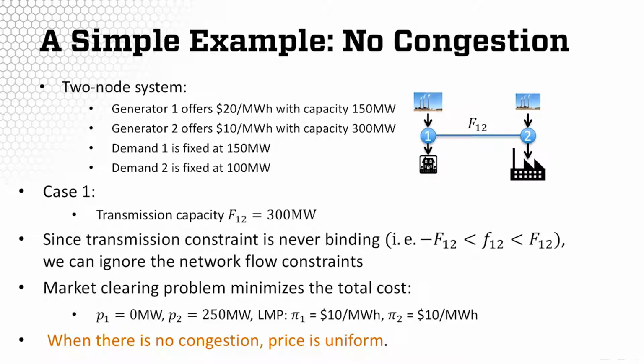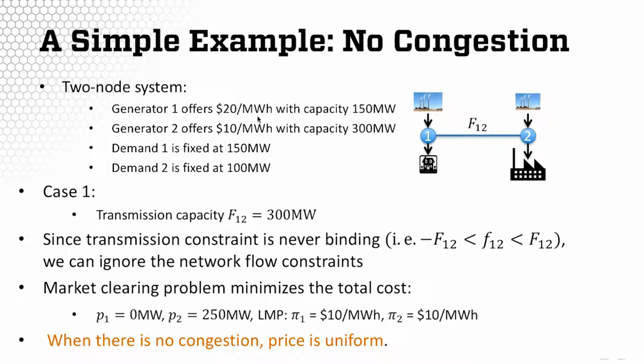But in the wholesale electricity market, they measure electricity in units of 1 megawatt hour. So generator 1 offers $20 per unit with a capacity of 150 units, or megawatts. So generator 1 can supply up to 150 units at this price.